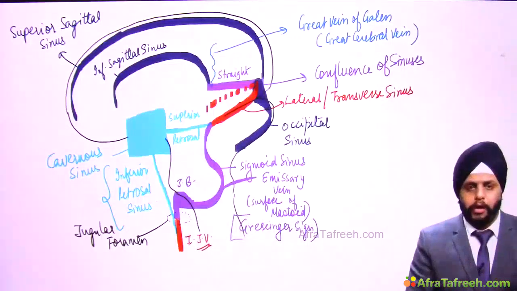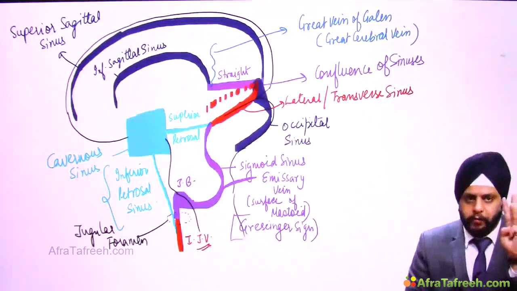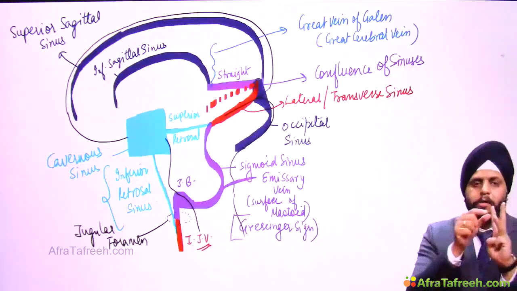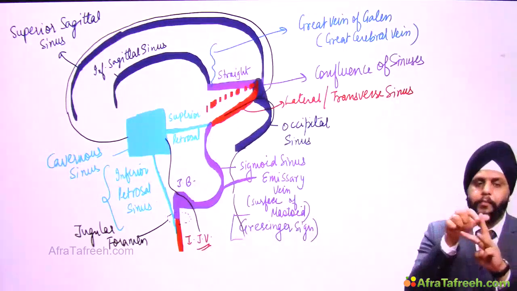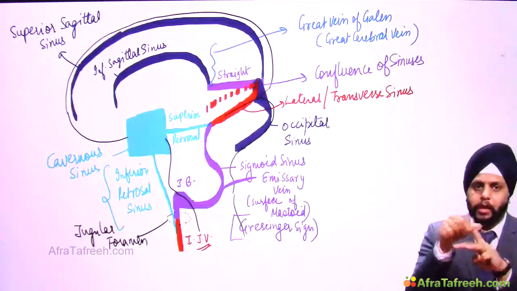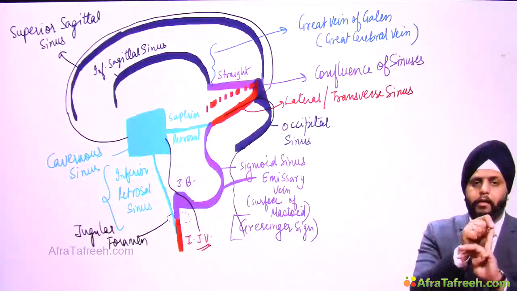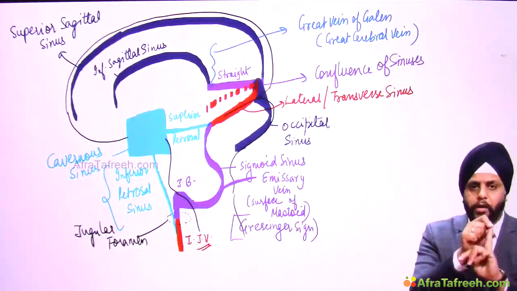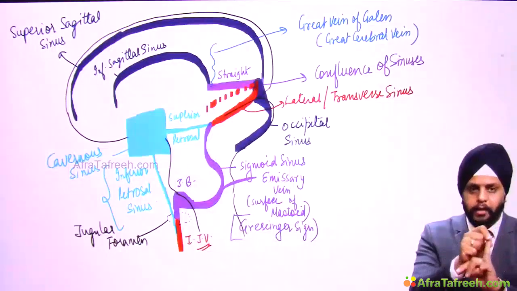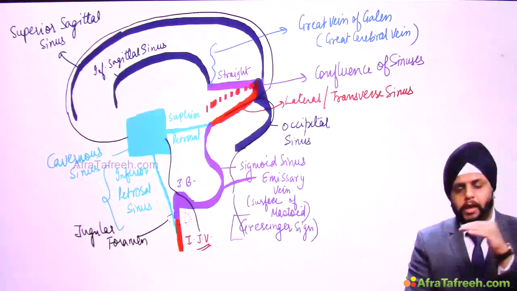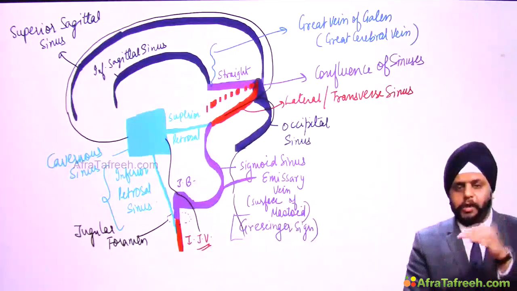Just a quick revision. We have three members in the family initially. Which three members? Superior sagittal sinus, father; mother, that is your occipital sinus; and son, the inferior sagittal sinus. Son meets a girl, a great looking girl, great vein of Galen. Marries her, becomes straight. Alright, straight sinus.